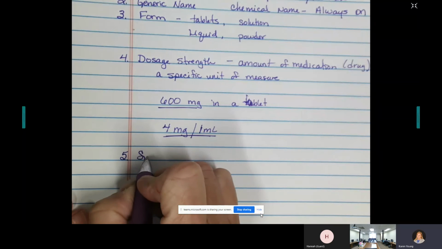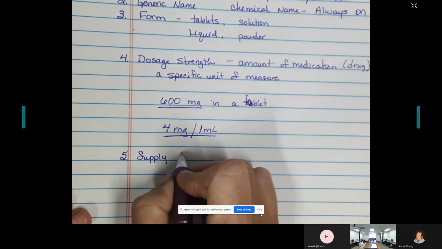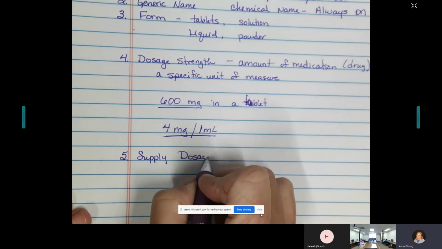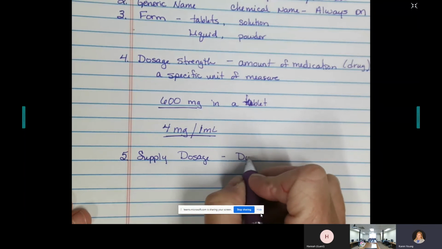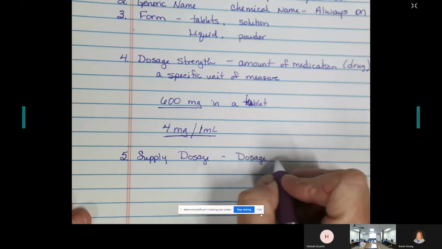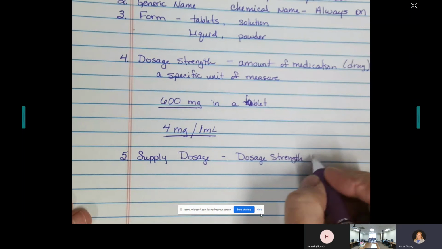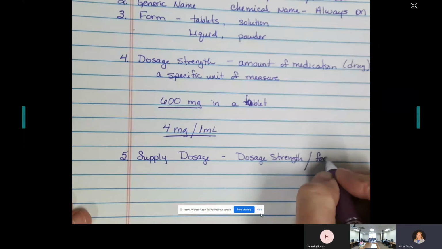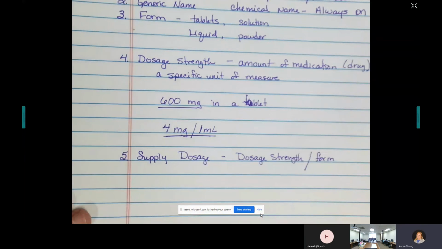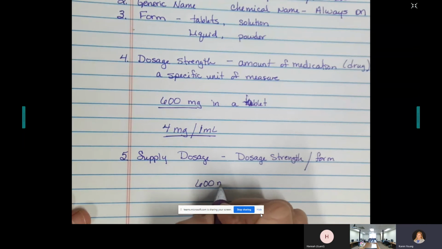You're going to have the supply dosage. The supply dosage is always the dosage strength per the dosage form. Okay, so the 600 milligrams in a tablet would be written as 600 milligrams per tablet.